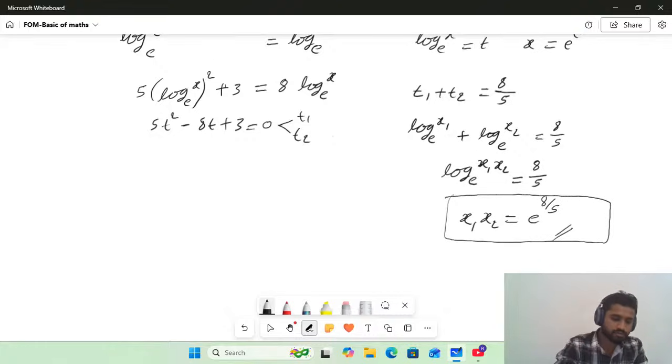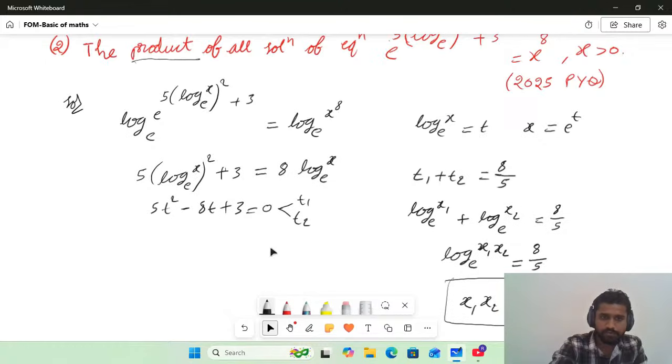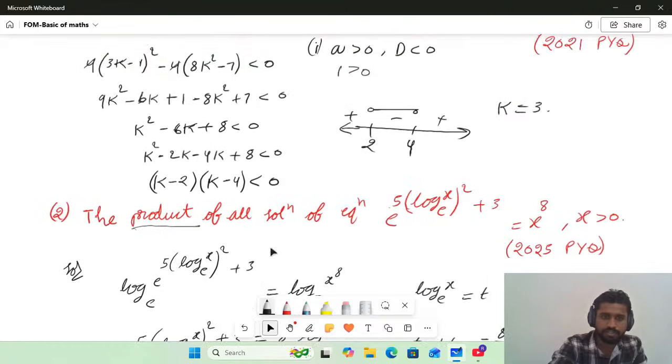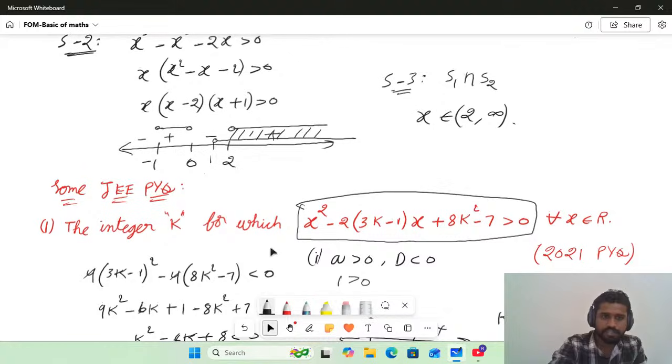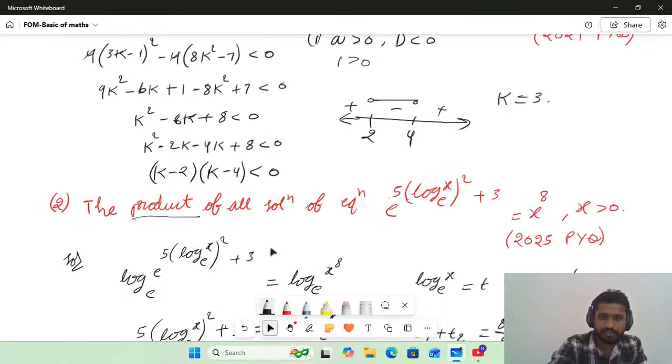Okay, so one more PYQ we will see. The first question was the integer k for which this expression is greater than 0.